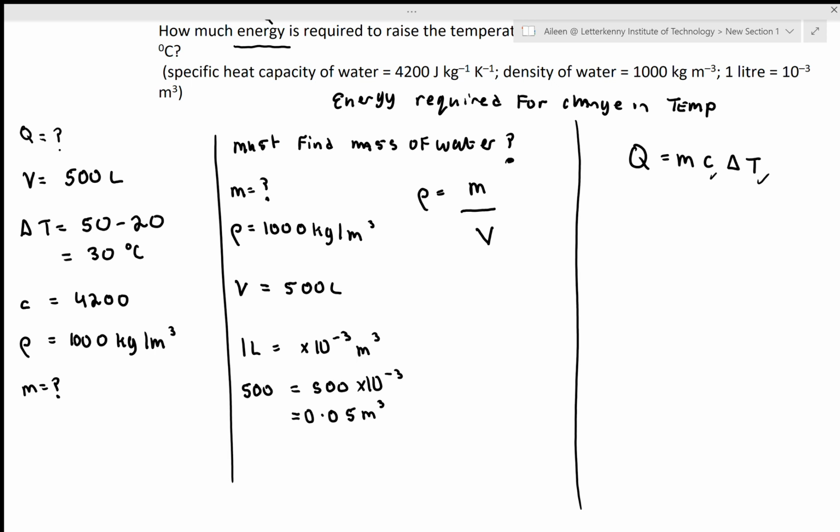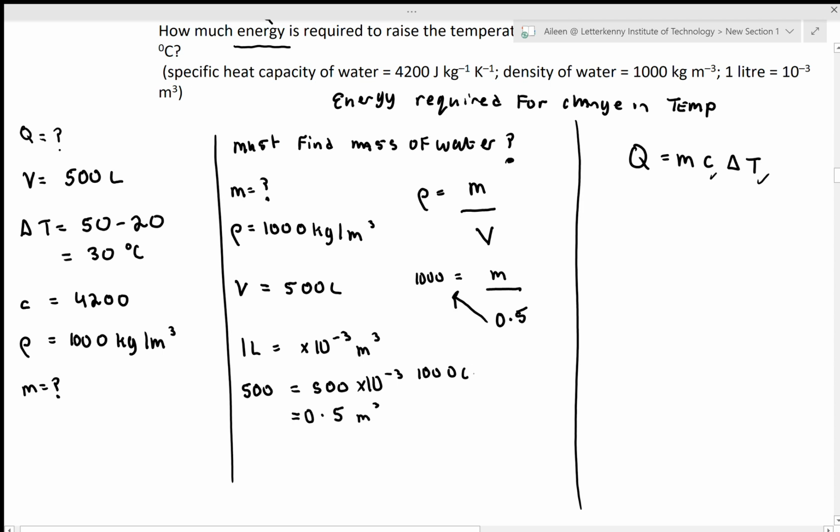From here, I want to find my mass, so I substitute my values into my equation. This gives me 1,000 equals my mass divided by, that should be 0.5 meters cubed. And I want to find my mass, so I cross multiply.